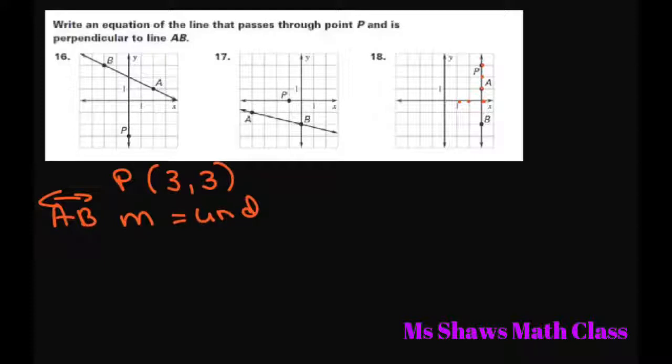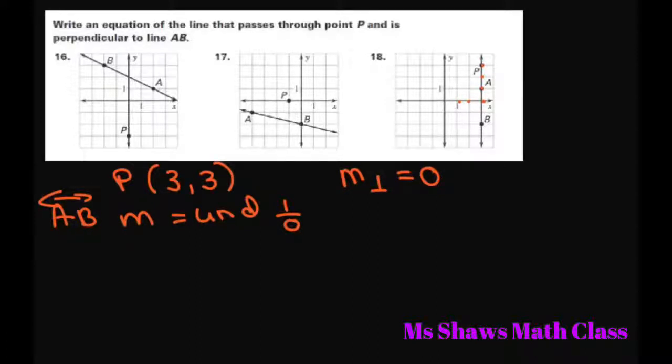So the negative reciprocal of undefined, that would be like something like 1 over 0, and the negative reciprocal would be 0. So the slope of the perpendicular line is 0. It could be 0 over anything, but that would be your slope.